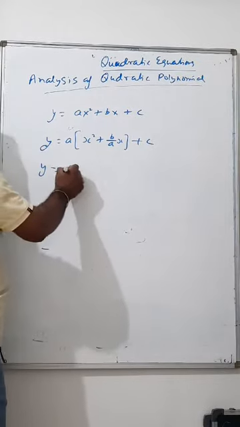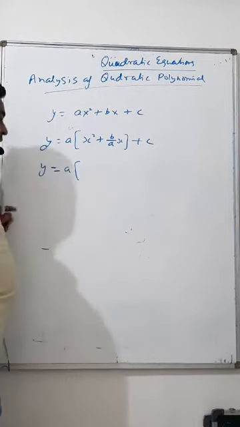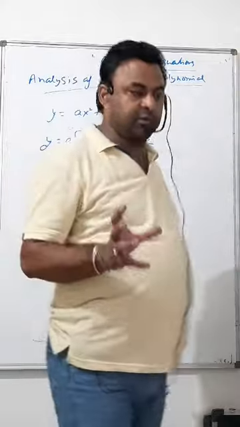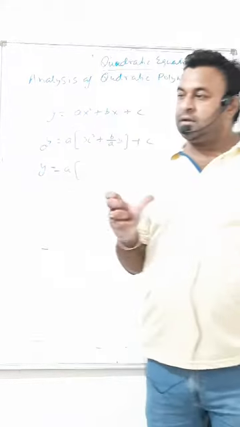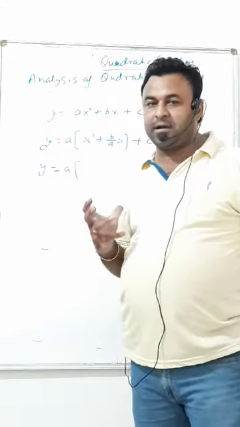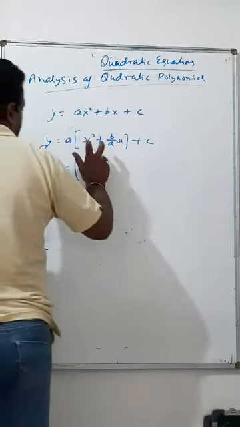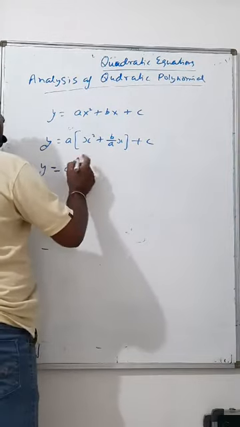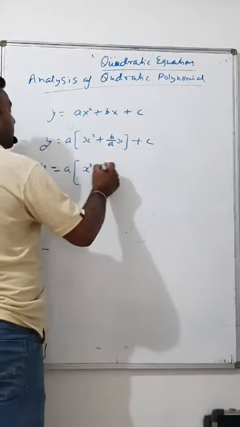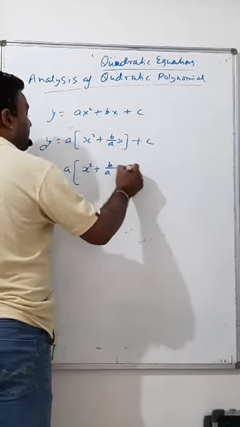Now, if there is any possibility in any equation or any polynomial you want to simplify it, then first try to make it a perfect square if it becomes, right? Now, it easily can become a perfect square. x square plus b by a x.